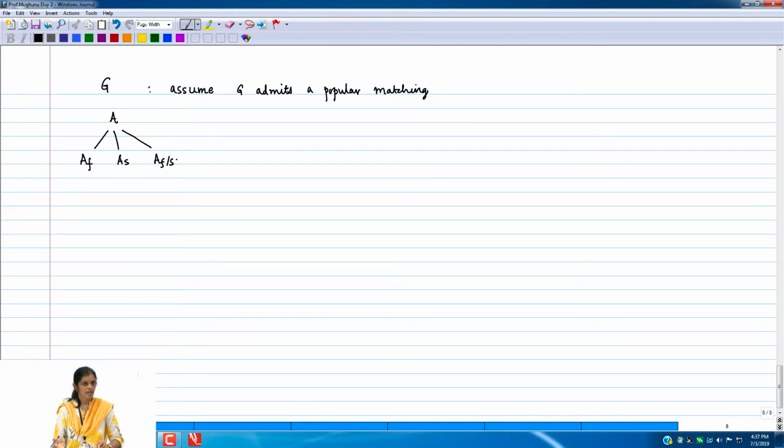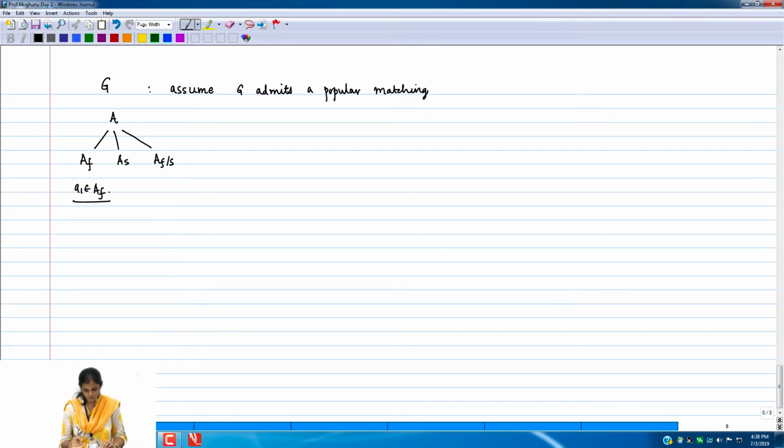We do not know how to make this partition as of now, but if our agent A1 belongs to AF, then there is nothing for that agent to do. It can already say that whatever my true preferences are is good for me, I don't want to manipulate. So suppose we are able to compute these sets, we will at least be able to resolve the case of the AF applicant, right?